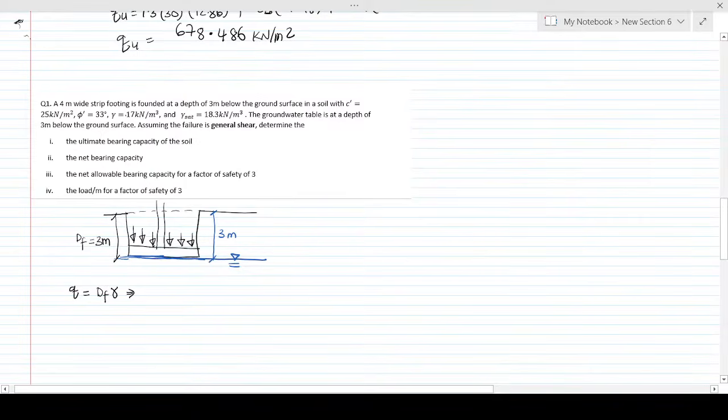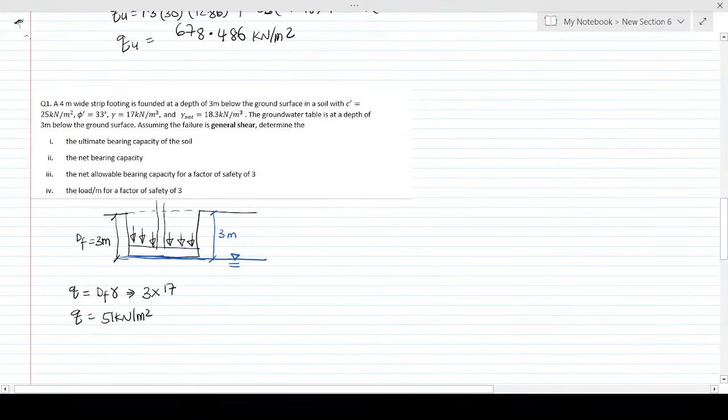So above the foundation, the soil there, we use the normal unit weight, right? We have 3 by 17, that is 51 kilonewton per meter squared.